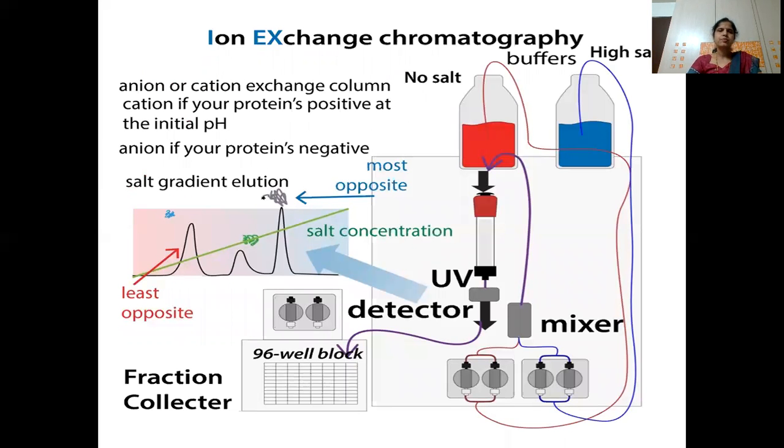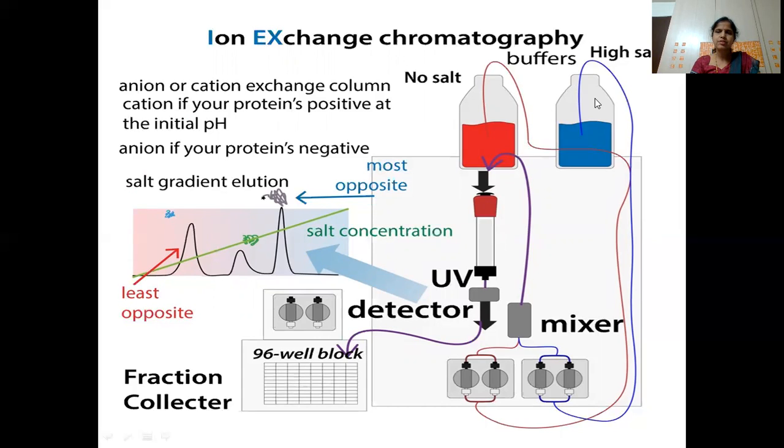Now this is the instrument of ion exchange chromatography. Here you can see in this instrument, this is the column, the ion exchange column. Now these are the mobile phases or the buffers we have used. The sample is placed here.